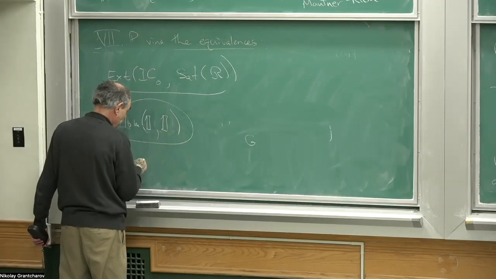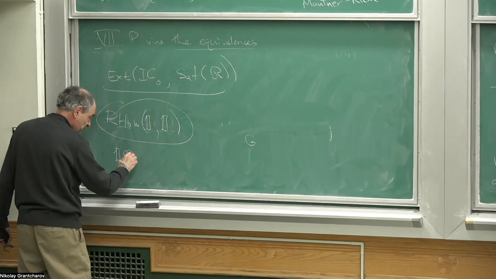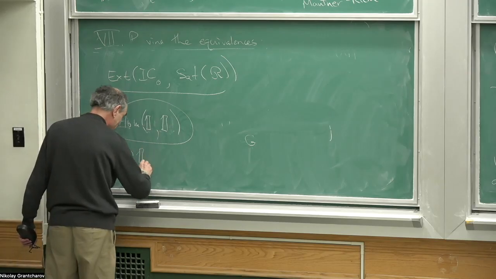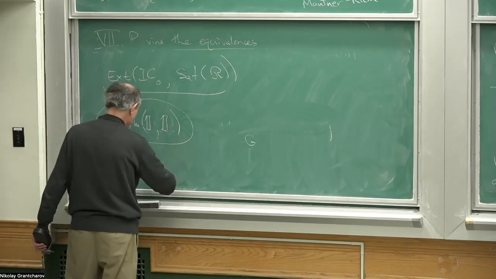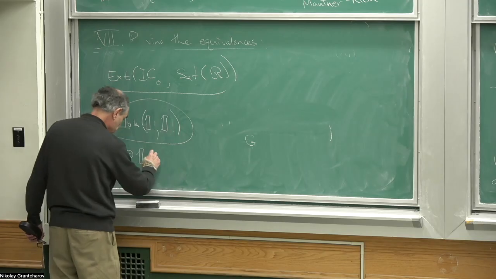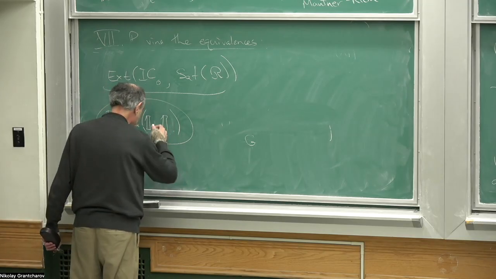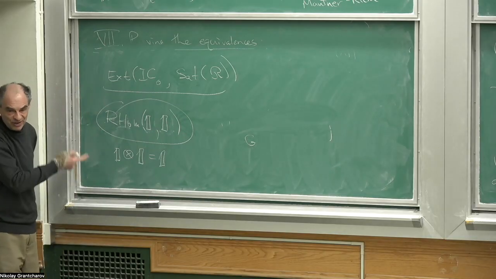Since one tensor one, with respect to this monoidal structure, is still one, you can plug it in, and then you can also create an algebra structure out of that.